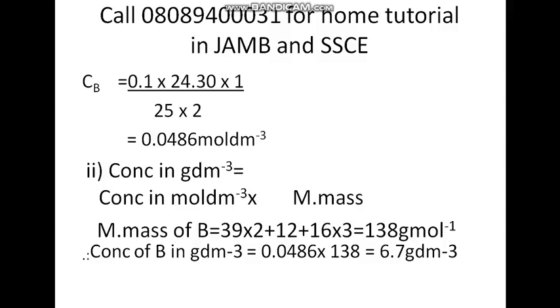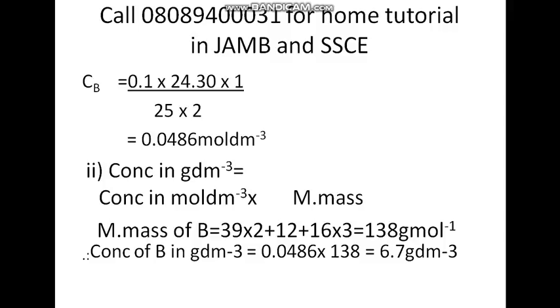On the tutorial board, question 2 is calculation of concentration of B in gram per dm cube. That is, concentration in gram per dm cube of pure K2CO3. This is calculated using concentration of B in mole per dm cube for the pure K2CO3 multiplied by molar mass of B, that is K2CO3. The concentration of B in mole per dm cube for the pure K2CO3 is calculated and is 0.0486.